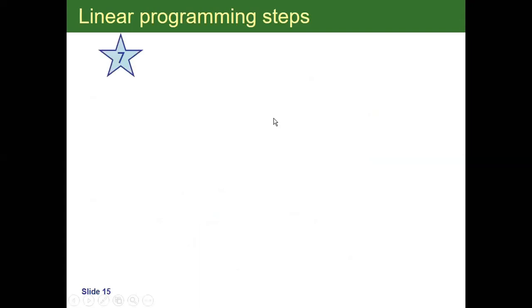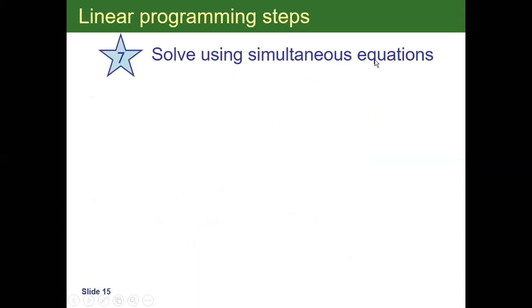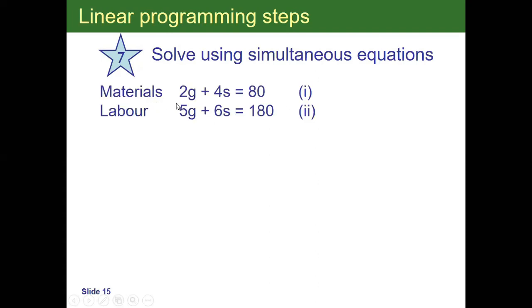So the linear programming steps are to solve using simultaneous equations. With simultaneous equations we can find the answer more accurately. Materials: 2G plus 4S is equal to 80. Labor: 5G plus 6S is equal to 180. These were the two equations for our constraints.